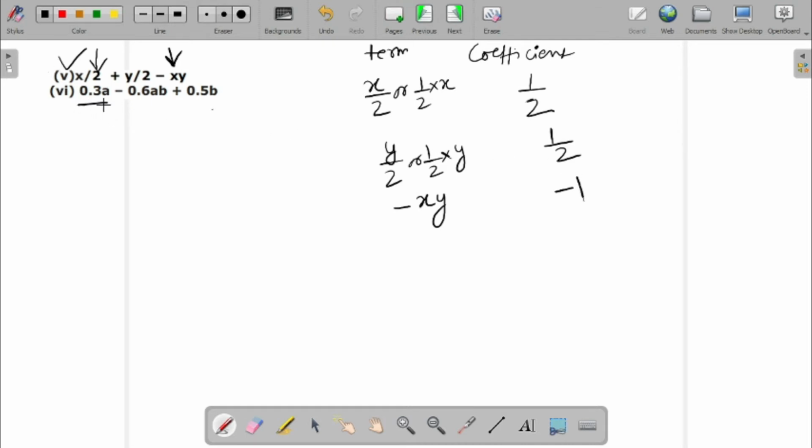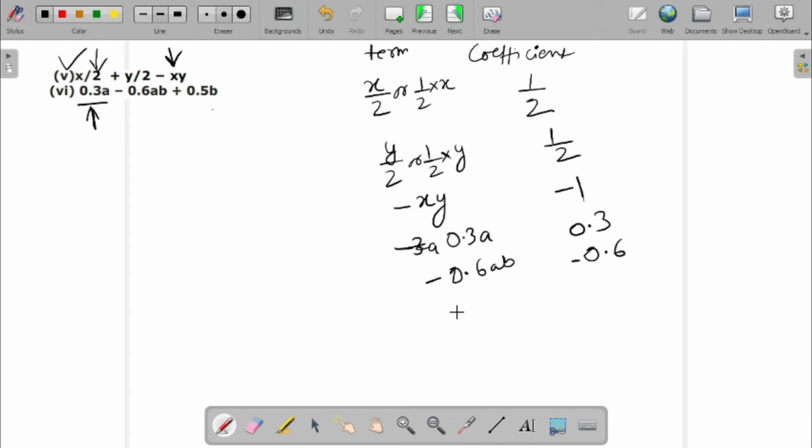Now this is the sixth part. This is a term, minus 0.3a, coefficient minus 0.3. Then minus 0.6ab, coefficient minus 0.6.